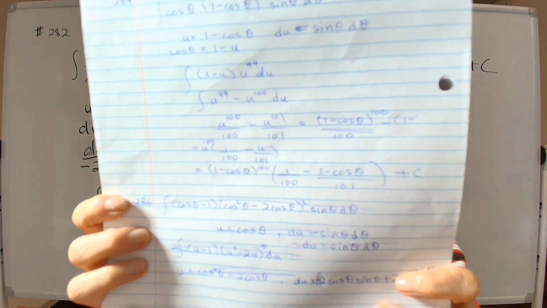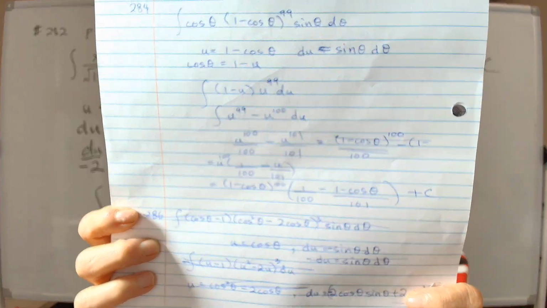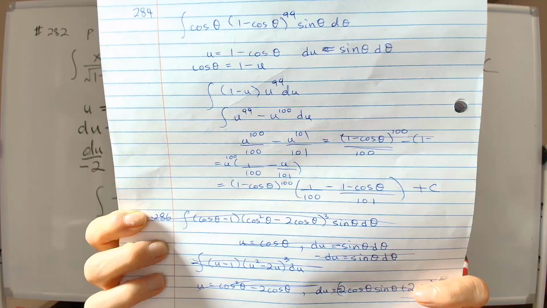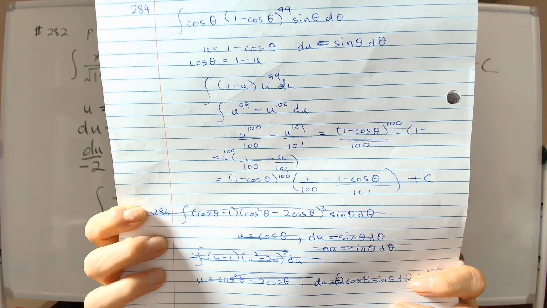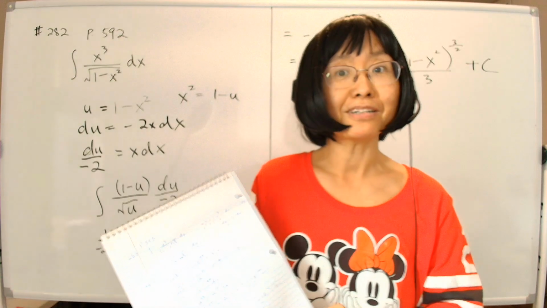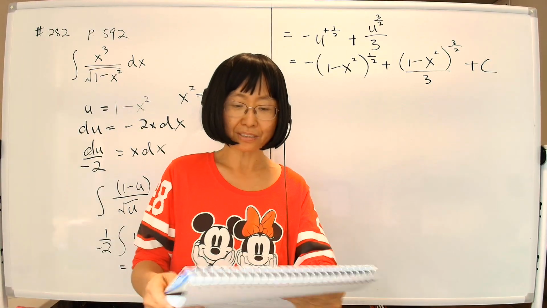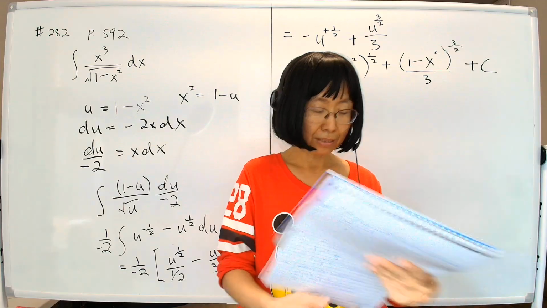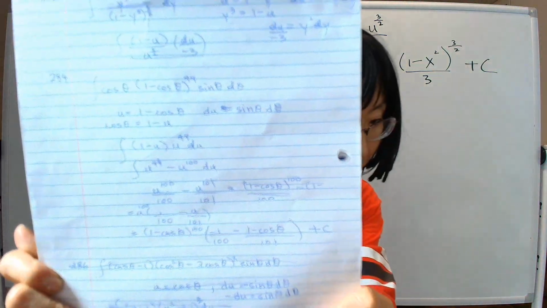Yeah, that looks fine. So what happens is 1 minus cosine theta to the power 99 is just u to the 99. And then you multiply by 1 minus u, and you come out with 2 terms, and so on and so forth. Use the power rule for integrals to come up with some answer. Did I show you the answer? I think so.